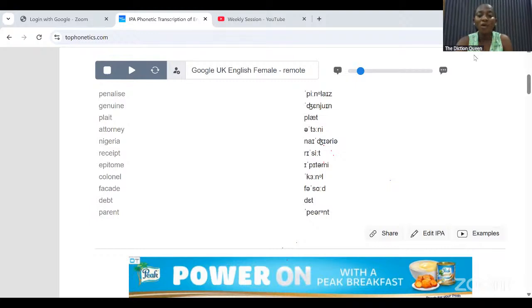I've sent the picture of the words to the groups, so you can get the picture of the words there.